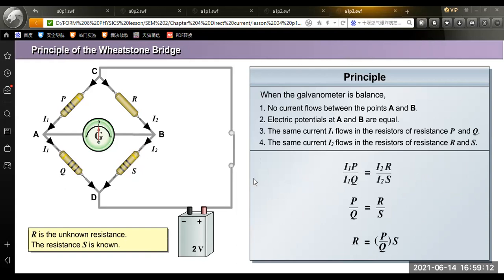So at the end, we get that the resistance P over Q will be equal to R over S. The ratio of P to Q is equal to the ratio of R to S. So we can find R by using P over Q times S.